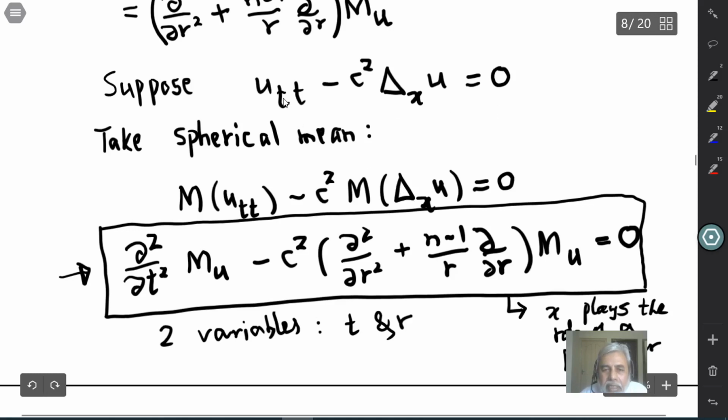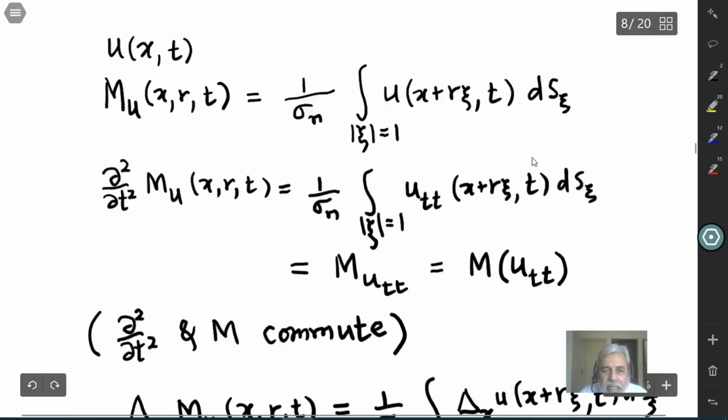So initial conditions are prescribed on the solution u at t equal to 0, and again taking the mean value. So they transform to initial values for the spherical mean function, and that's what I have written here.